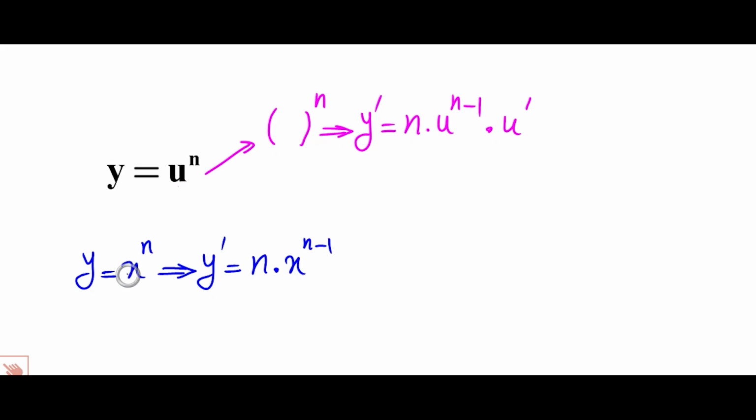So the derivative of x is equal to 1. So y prime is equal to n times x to the power of n minus 1. So u to the nth power is the general form, and x to the nth power is a special case where the inside function is just x.